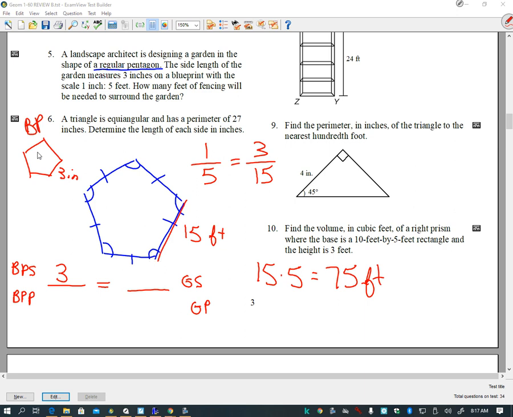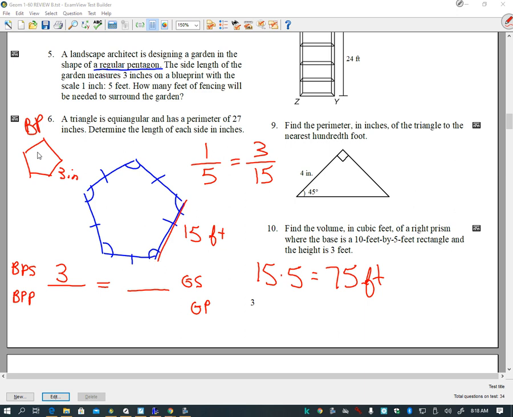Okay, so let's see if we can finish our proportion out down here. If my blueprint side is 3 inches, then the blueprint perimeter represents 15 feet. Well, really it would be the garden side, so let me change that a little bit.